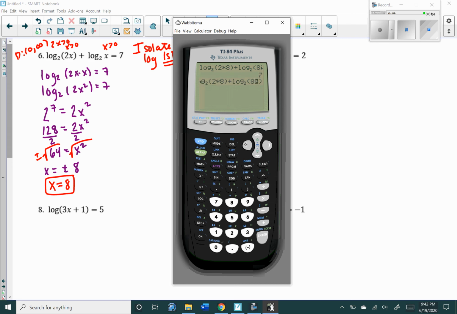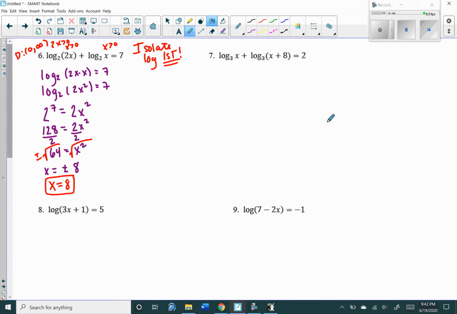But when I plug in a negative value instead, notice it's going to say error non-real answer, so it's not in the solution or in the domain. That's why it says that. And so that's just another way to check your work.